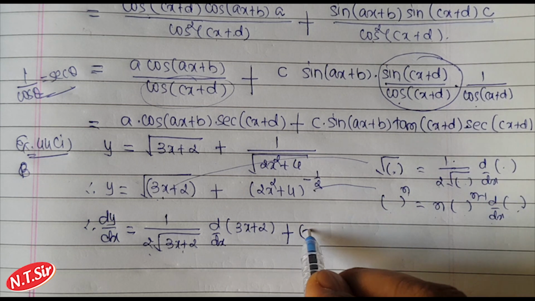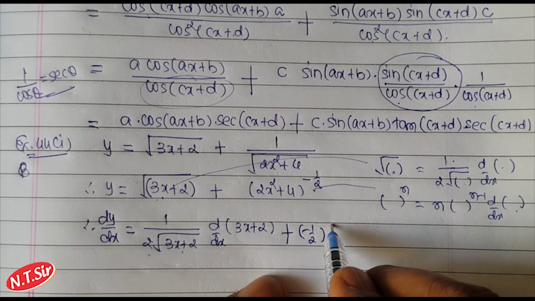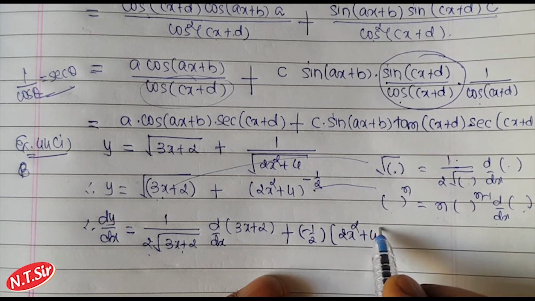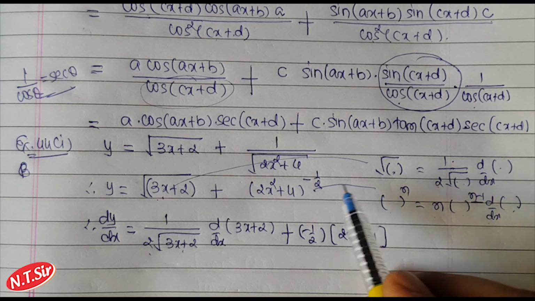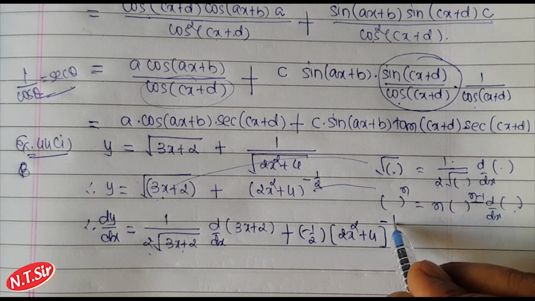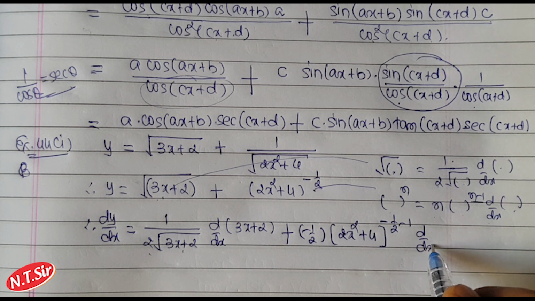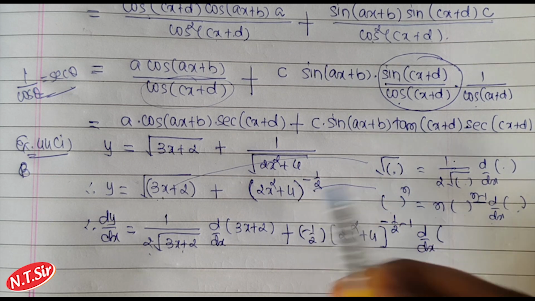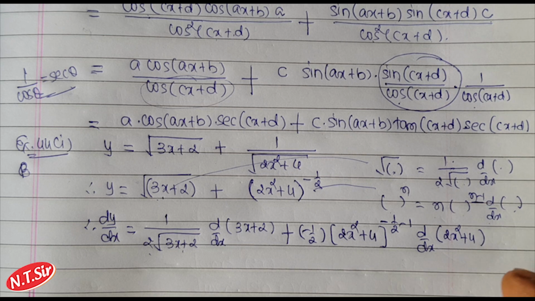So n is minus half, bracket, that is (2x square plus 4) raised to minus half minus 1, into d/dx of bracket, which is 2x square plus 4.